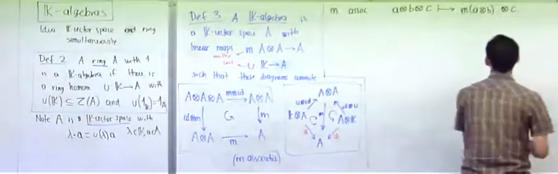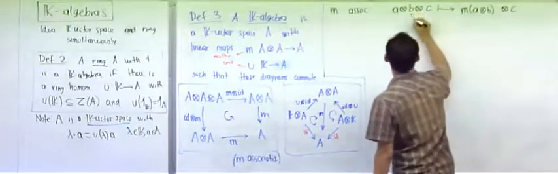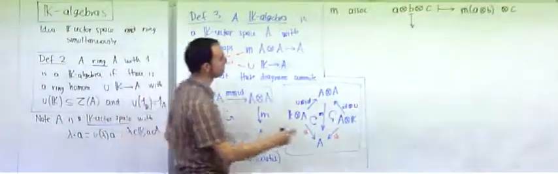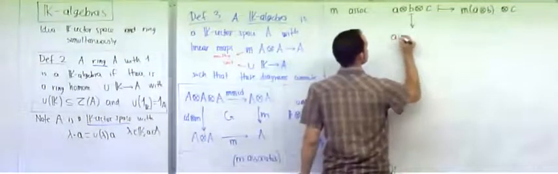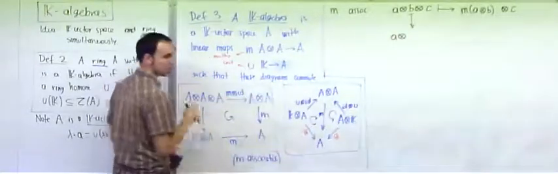Actually, okay. So what happens when we go this way? The first entry stays alone. And then the second entry takes B and C and multiplies. Okay.